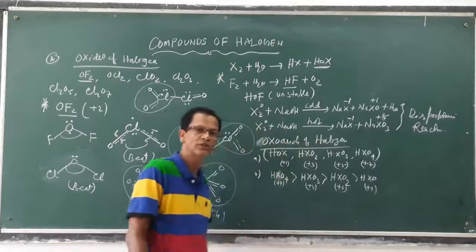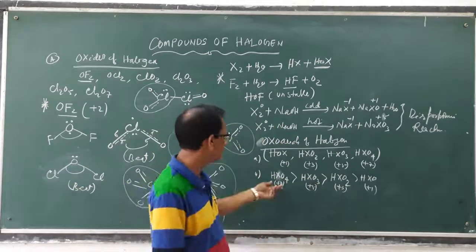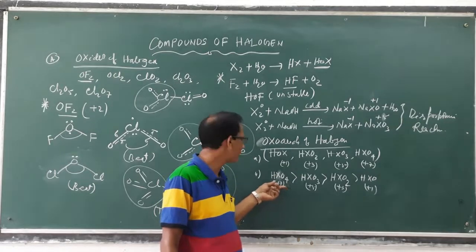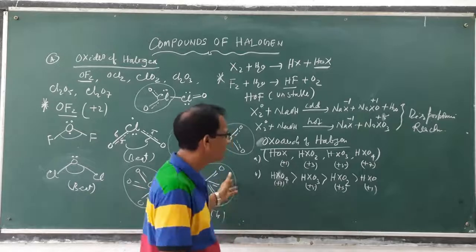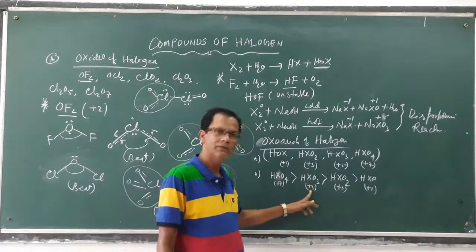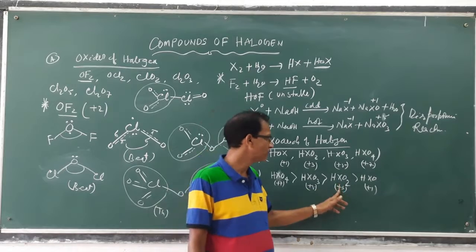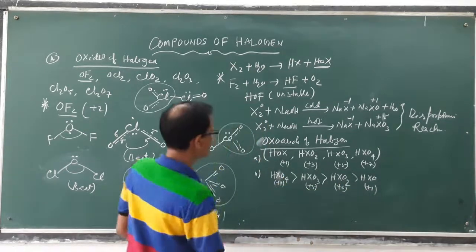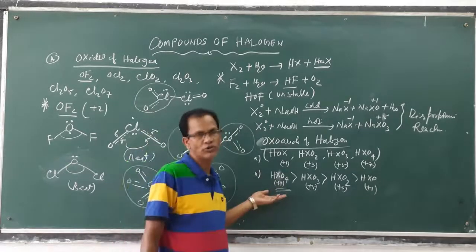We know that when the oxidation number increases, the acidic character increases. That's why perhalic acid is more acidic than halic acid, halous acid and hypohalous acid. So it is more acidic due to more number of oxygen, that is, more oxidation number.